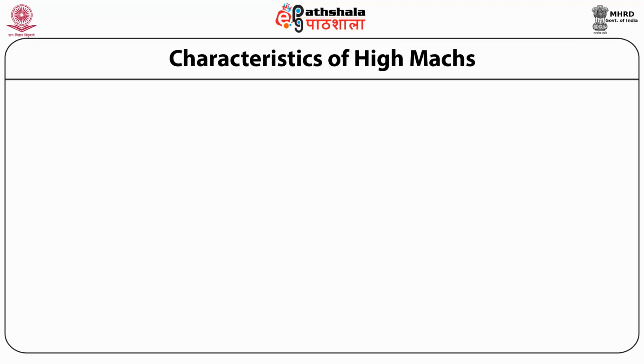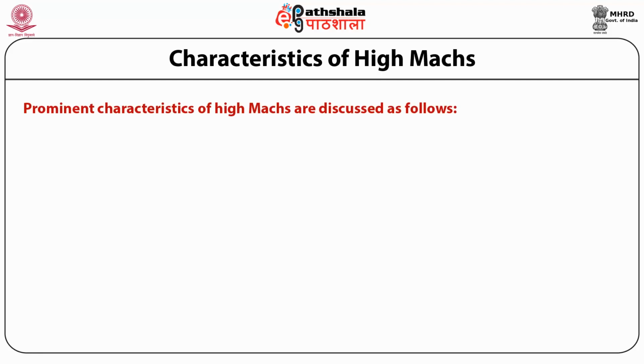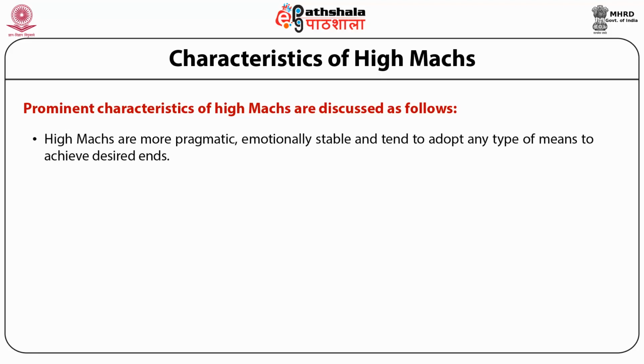Characteristics of high Machs. Prominent characteristics of high Machs are: high Machs are more pragmatic, they are more practical, they are emotionally very stable, they tend to adopt any type of means to achieve their results. High Machs are more manipulative and persuasive.